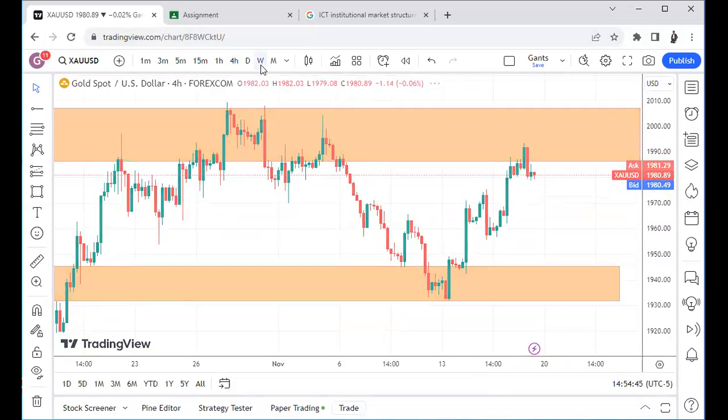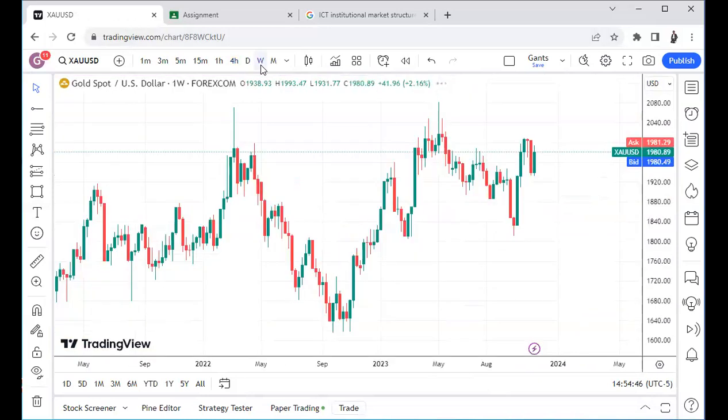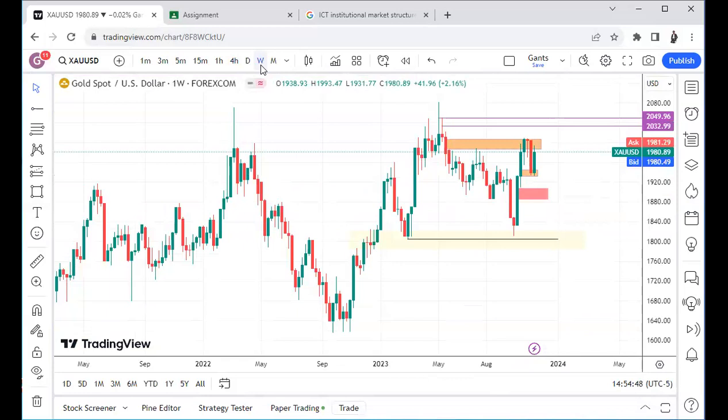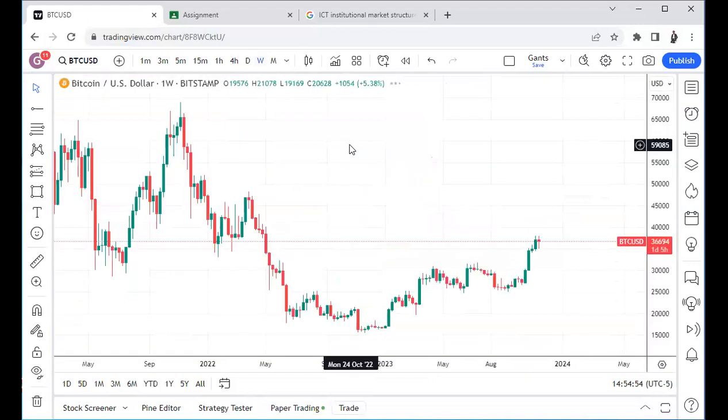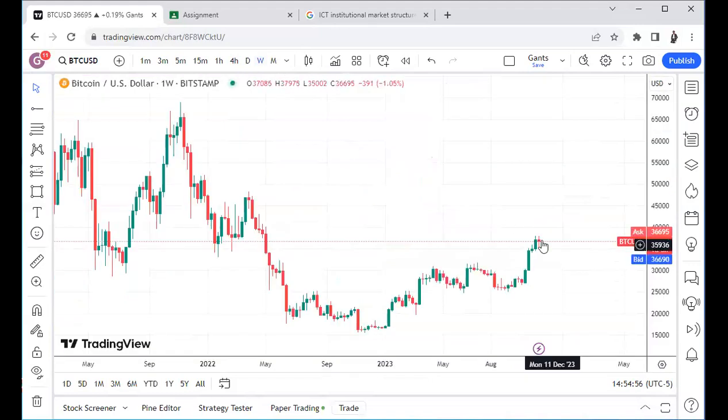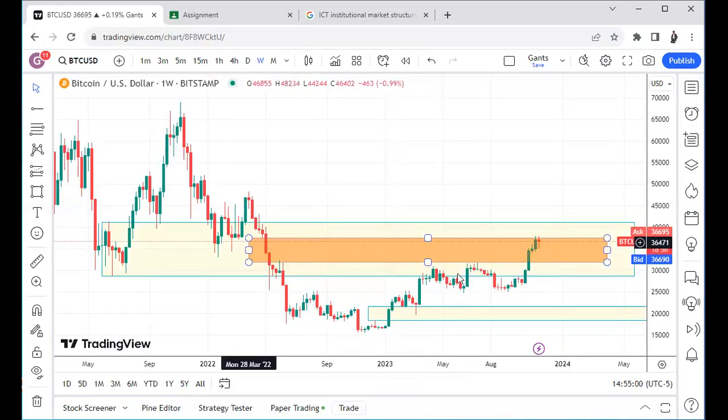Then lastly, last but not least, is our BTC. What did BTC do? BTC consolidated last week. Why? See this area I marked out. I marked it out weeks ago. I said that if it breaks above this, then this is the last threshold, because I told us that we are overall bearish on the BTC.